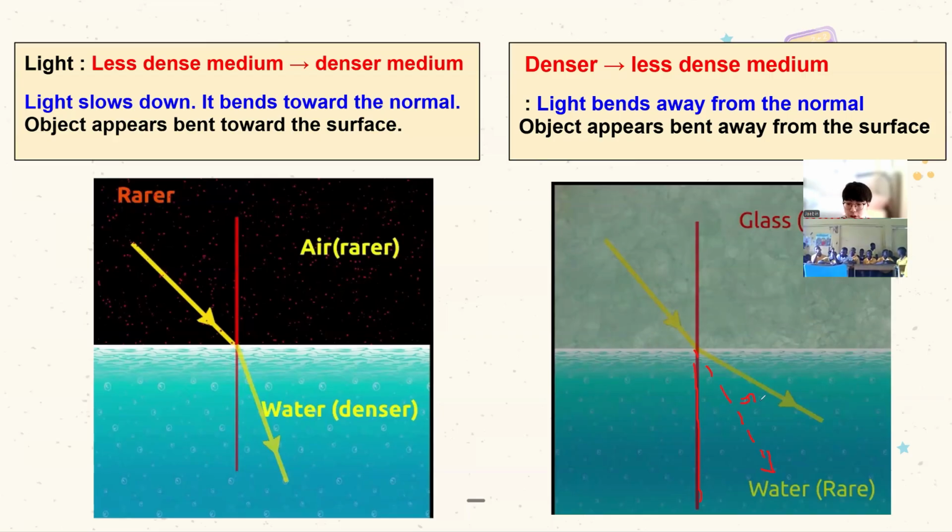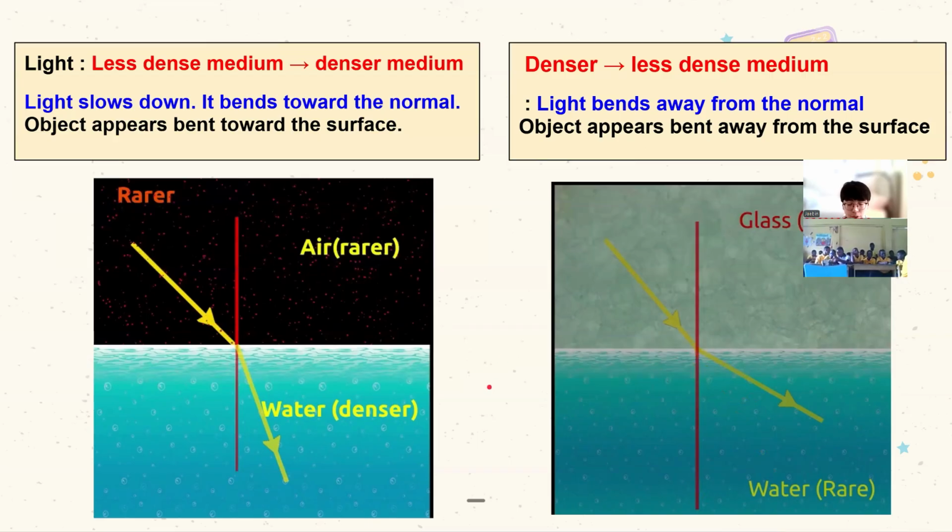So light bends toward the surface a little bit, but then the object looks like it's bending away from the surface. You can always think of the object appearing as opposite to the bending of light. I hope this makes sense.